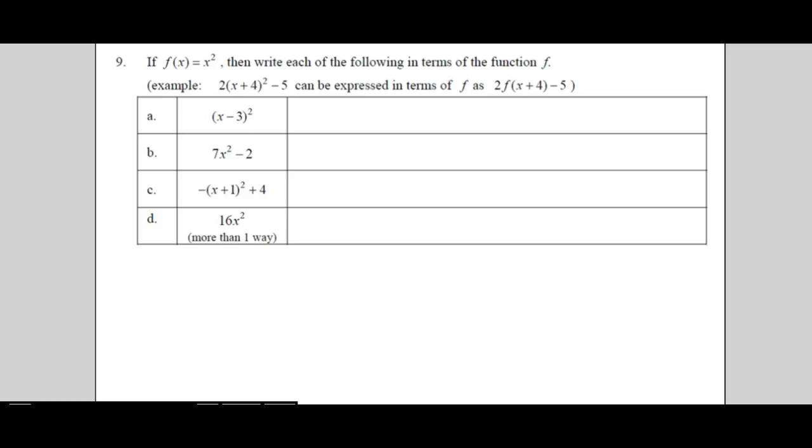So what are we going to write for x minus 3 quantity squared? We want to take x squared and we want to make it x minus 3 squared. So f of x is x squared, right? So if x squared becomes x minus 3 quantity squared, what does f of x become?